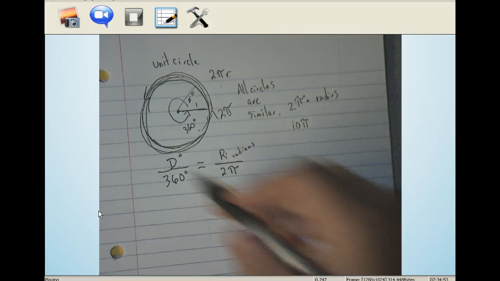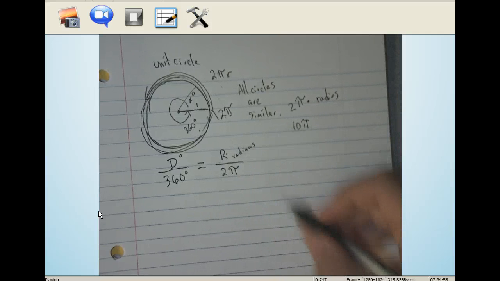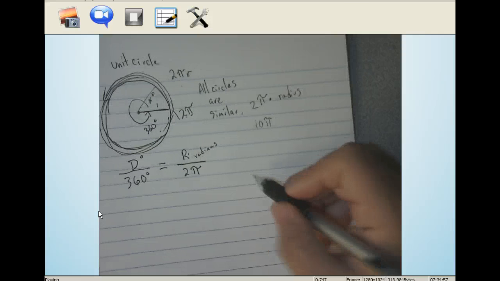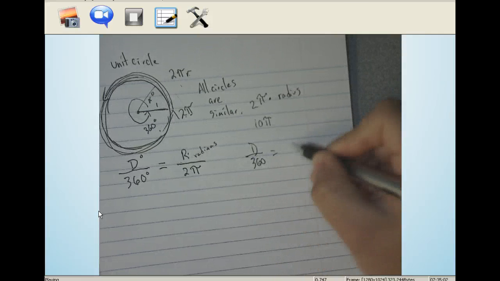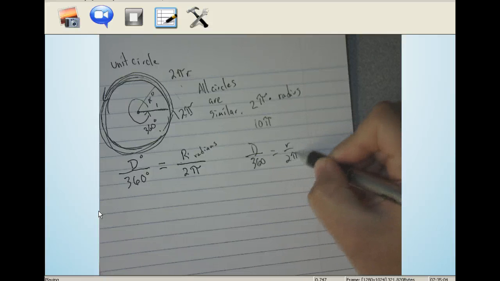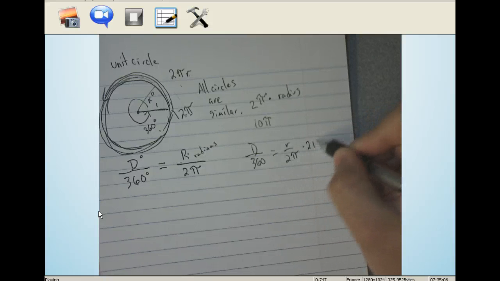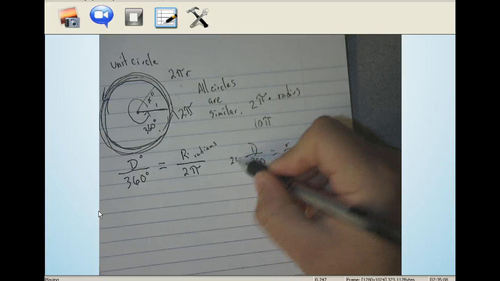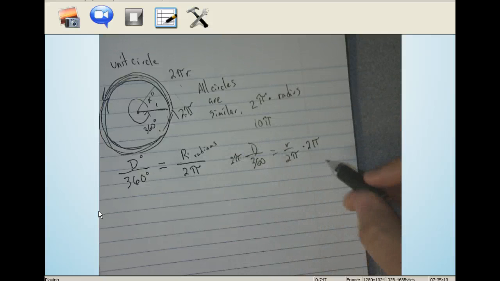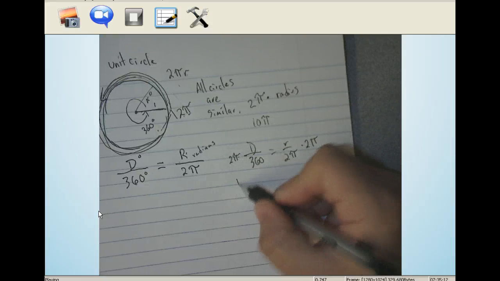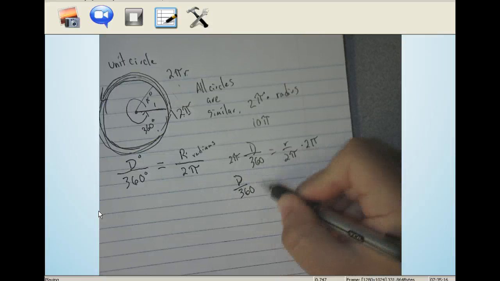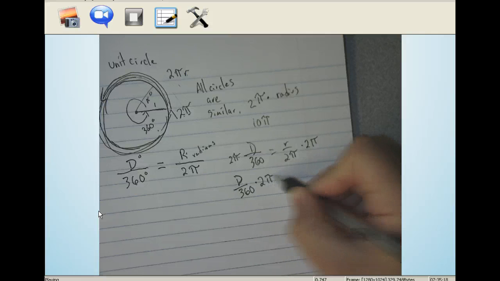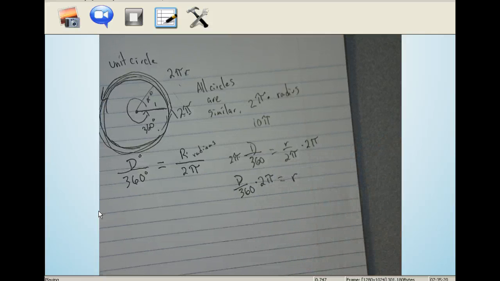So let's say I know the degrees and I want to solve for radians. Well, I would just do basic algebra. d over 360 equals r over 2 pi. I would multiply both sides by 2 pi. And I know that d over 360, that's a d, times 2 pi will give me how many radians that is.